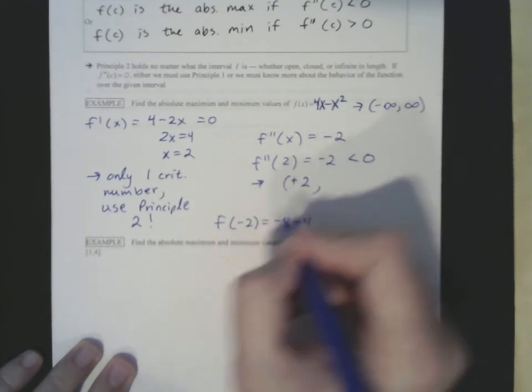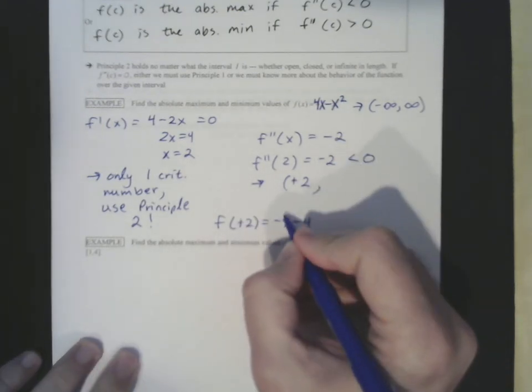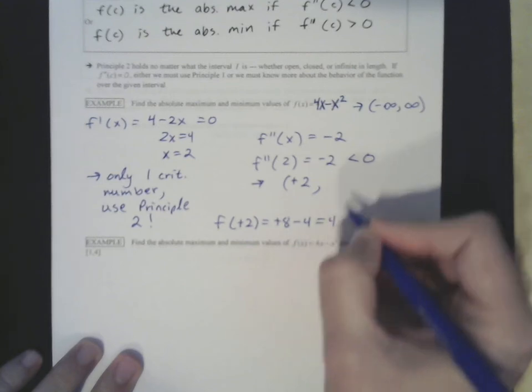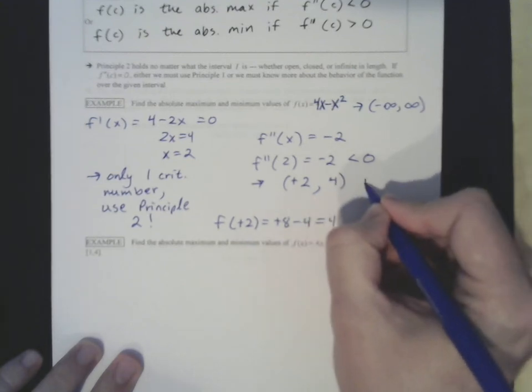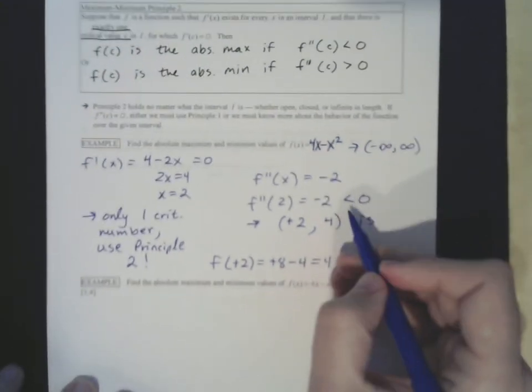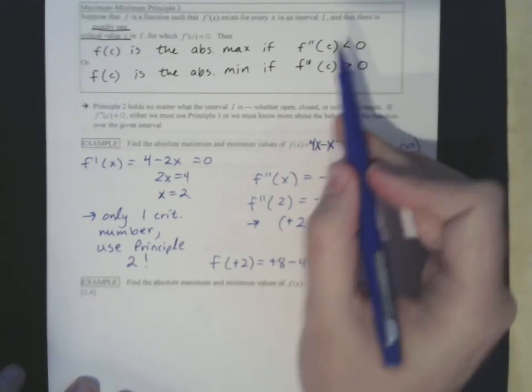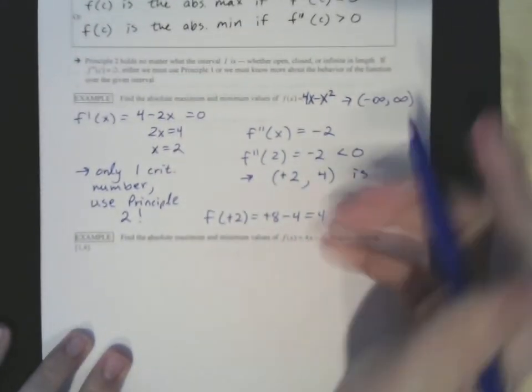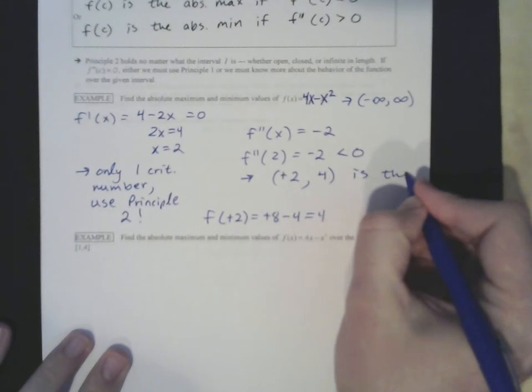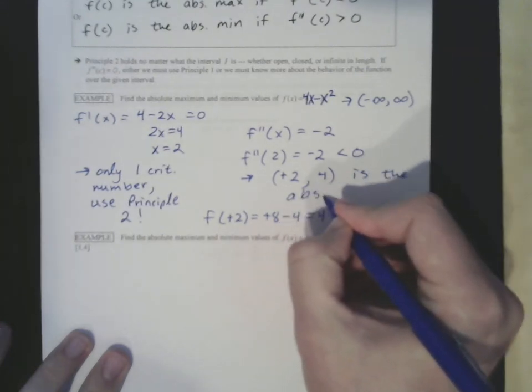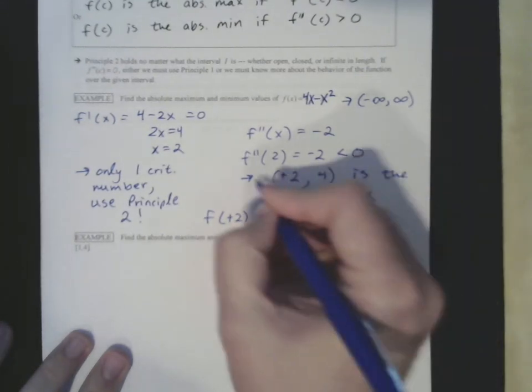Oh, not negative 2, positive 2. That's 8 minus 4, which is 4. So 2 comma 4. Based on principle 2, our second derivative is less than 0, so this is an absolute max.